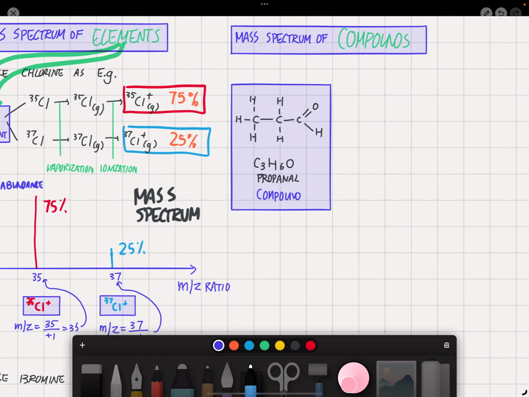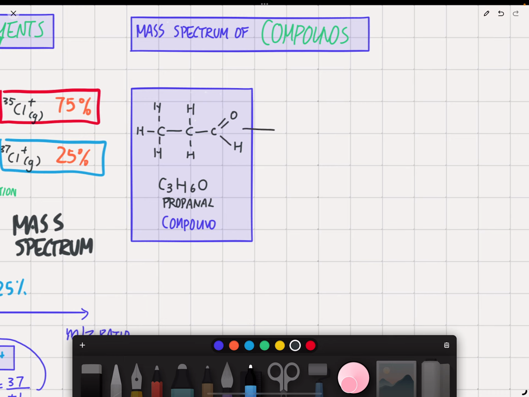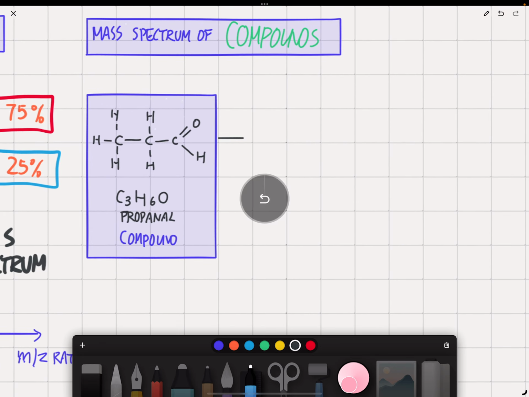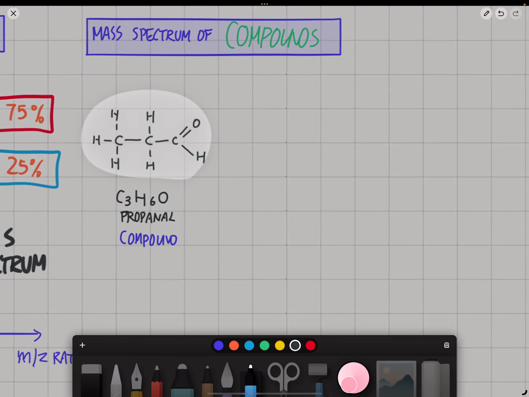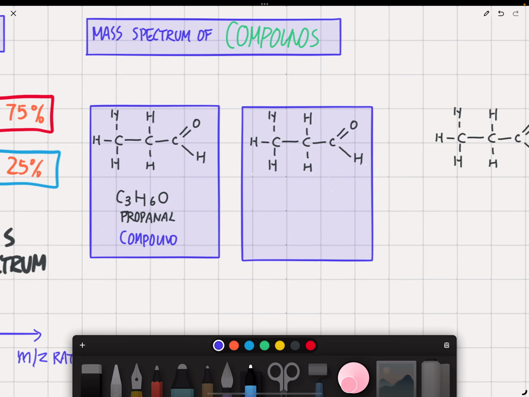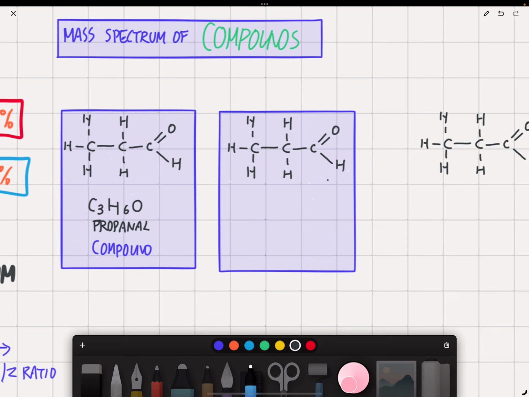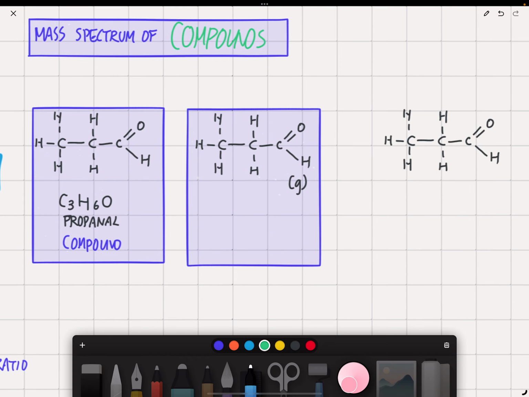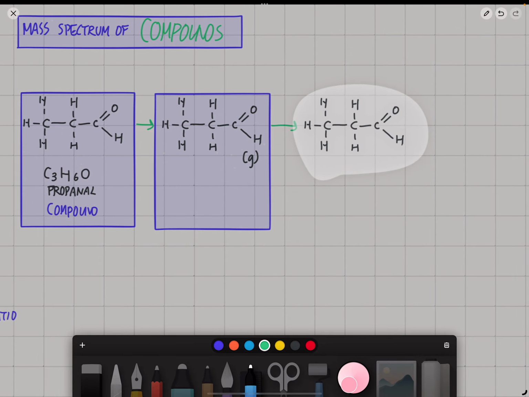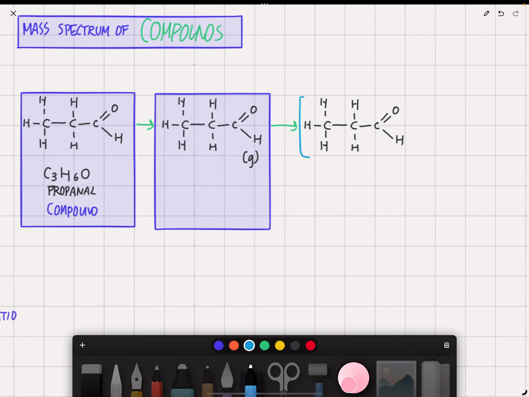So this compound would undergo vaporization and it will turn into a gas. Let me just copy the structure real quick first. So you have the compound propanol. The propanol will be vaporized into propanol gas. And then the propanol gas will undergo ionization to form a positively charged ion of propanol, which has just 1 electron stripped away from the entire molecule.